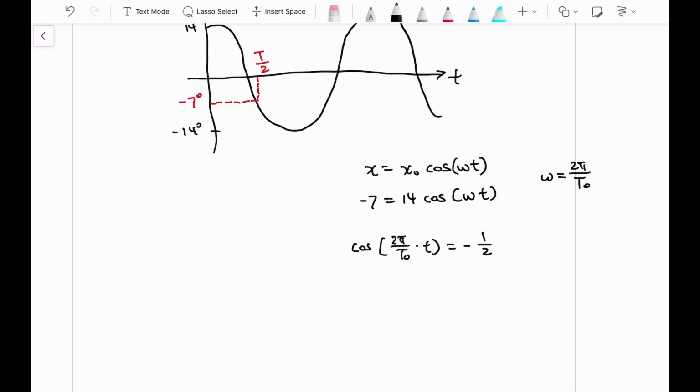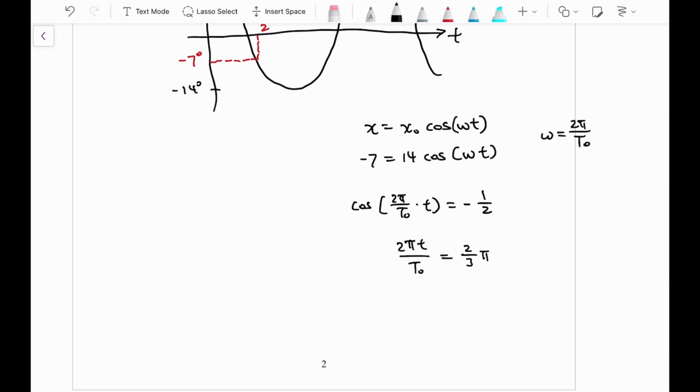Therefore 2 pi t over T0 will be equal to the inverse cosine of negative 1 over 2, and we need to express it in radians. The cosine is equal to negative 1 over 2 at 120 degrees, and 120 degrees is 2 over 3 pi.